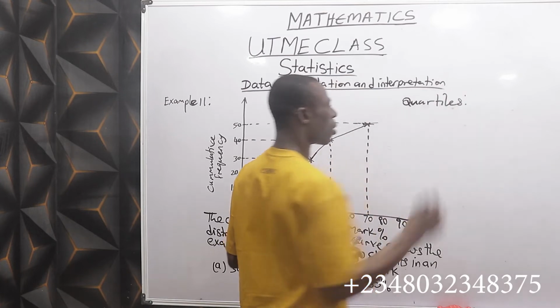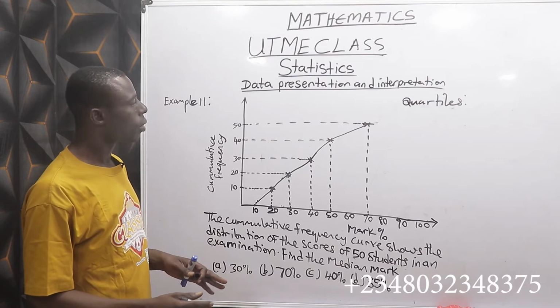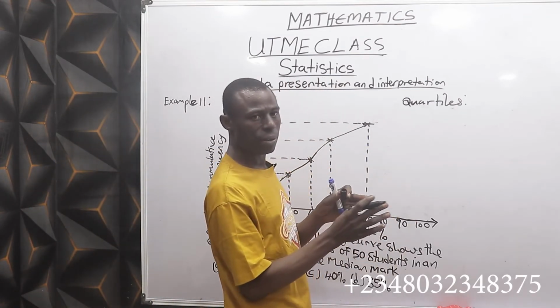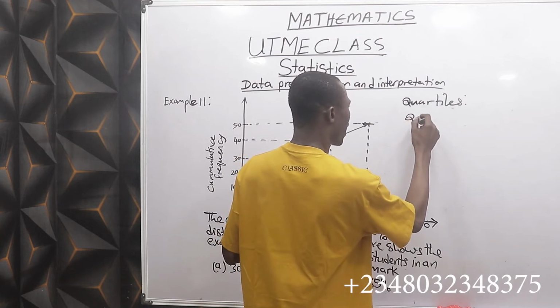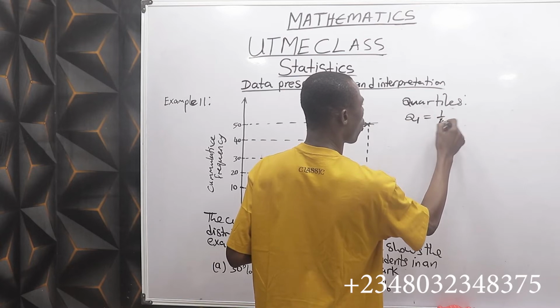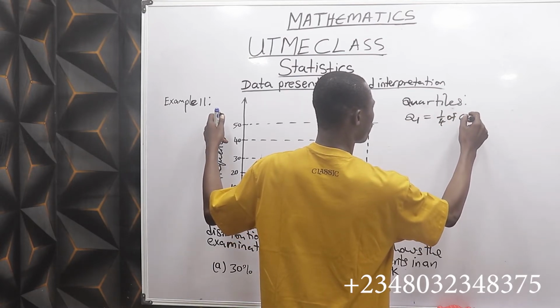Quartiles in cumulative frequency curve, OGIF. We have 3 quartiles. First quartile, represented by Q1, means 1/4 of the total cumulative.